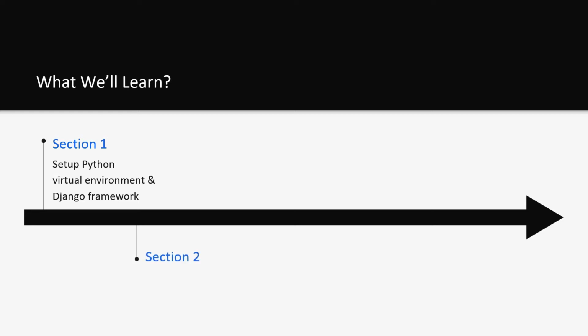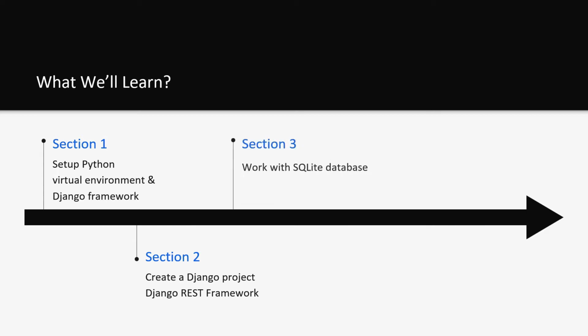Next, we will create a Django project. We'll also configure routers, views, and use the Django REST framework to prepare our app for the Angular client to consume some RESTful web services. Then in section 3, we will be configuring and setting up a database system.